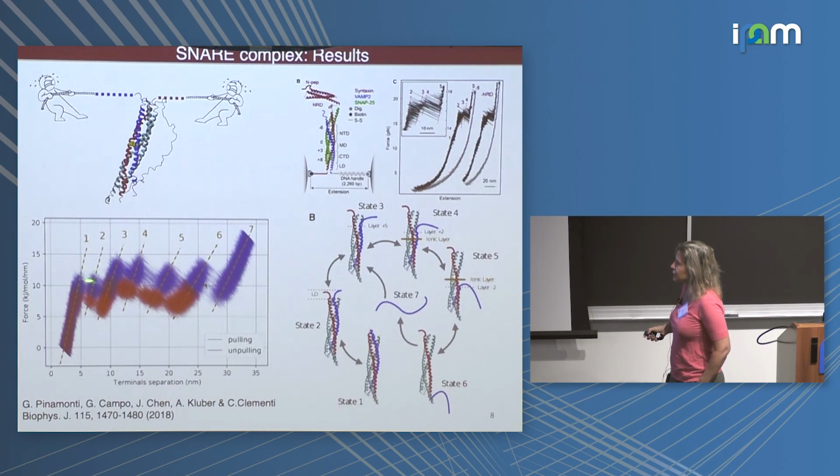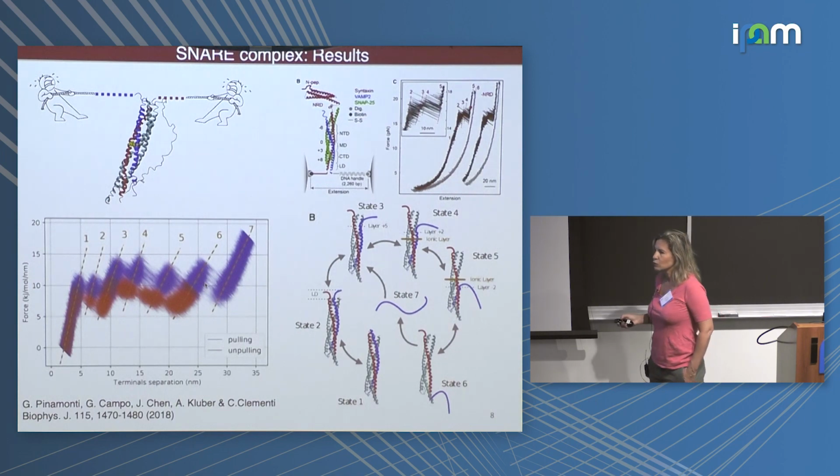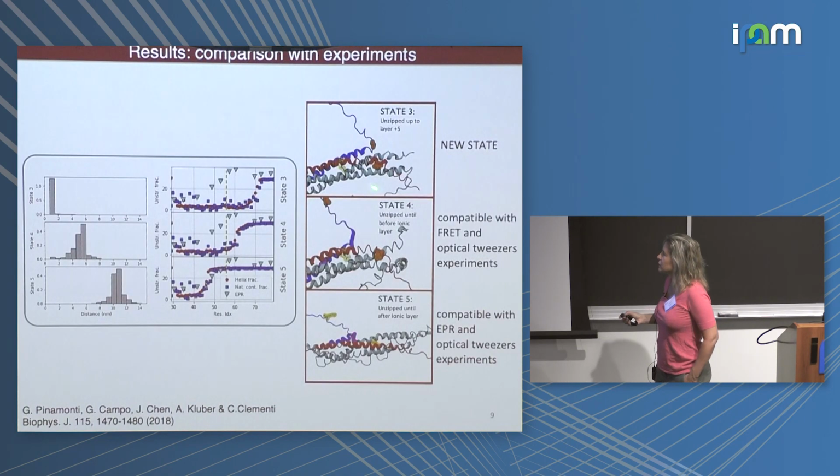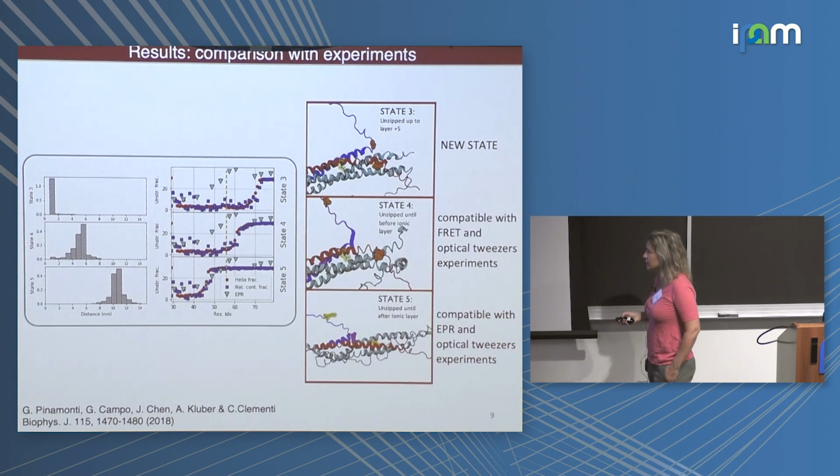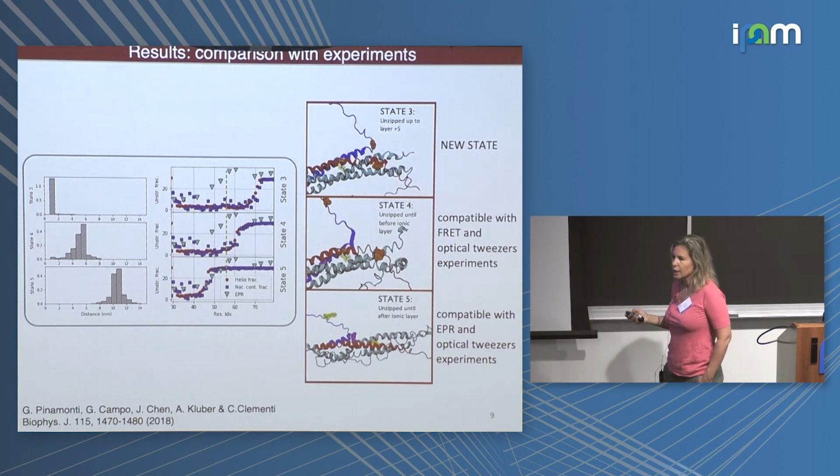This is the force extension curve. This is the force upon separation of the two termini applying force, and we found 7 states for this system, and we were able to connect these states with experimentally observed results, and so with this model, we were able to reconcile several different experimental results for this system, and this is a starting point for more accurate studies.